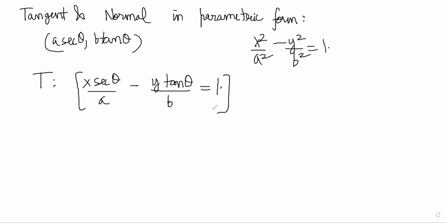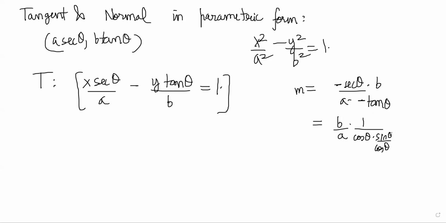This is my tangent equation, and you can see that the slope of the tangent is minus of sec theta by a divided by minus of tan theta by b. So this becomes b over a times 1 by cos, and this is sine by cos. So you are getting b by a sin theta, the slope of the tangent.